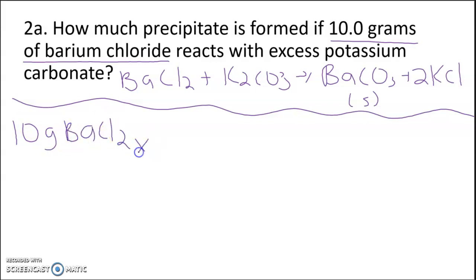BaCl2. When you don't start with moles, you have to change to get moles. The conversion from grams to moles is to find your molar mass, which is where you go to the periodic table and you add up 1 barium and 2 chlorines.